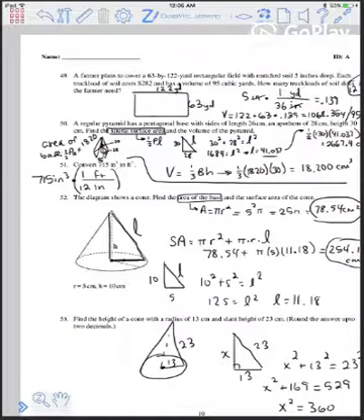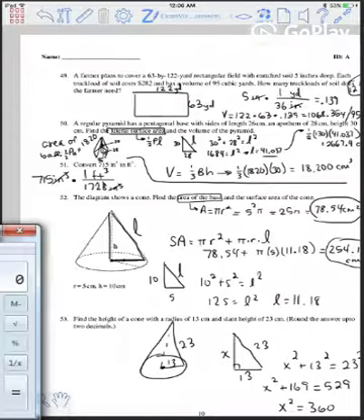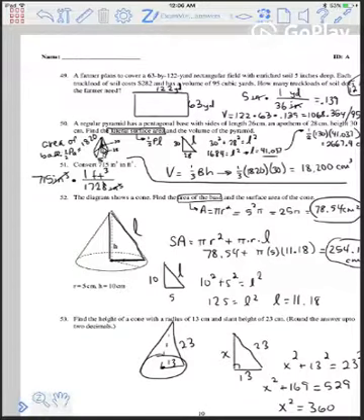So 1,728 cubic inches is in 1 cubic foot. So now the cubic inches can cancel out. So we have 715 divided by 1,728, and it's 0.414 cubic feet.